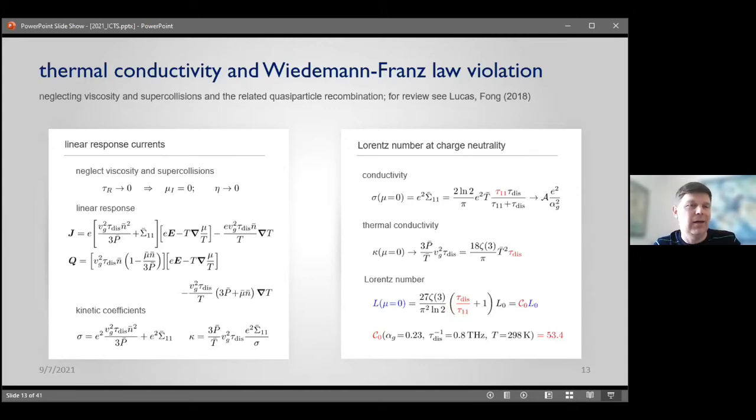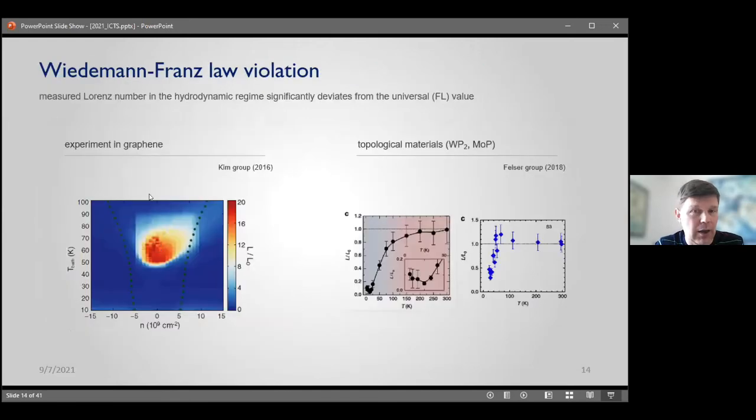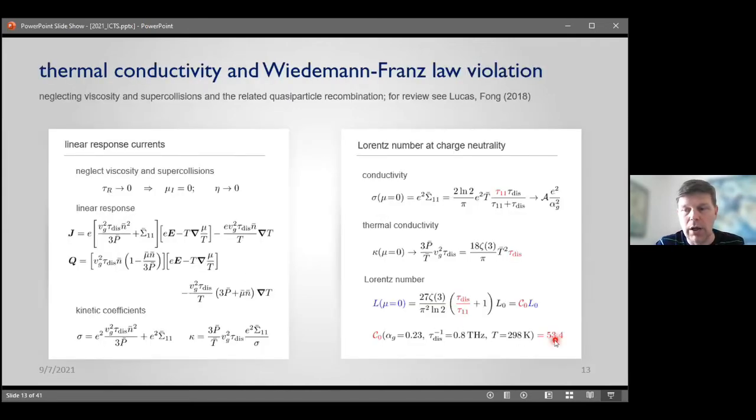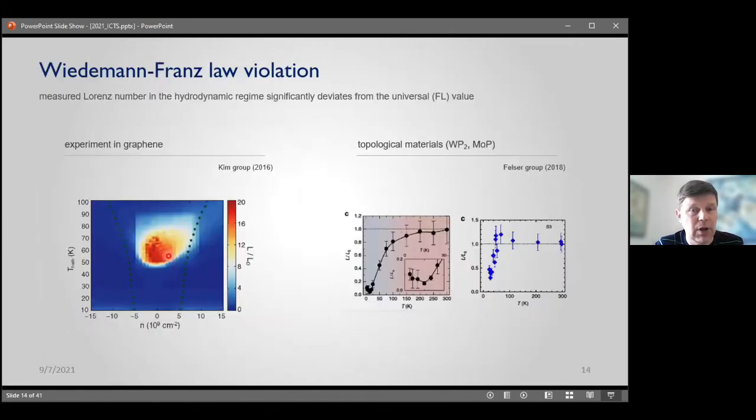By the assumption of the hydrodynamic regime, this ratio is very, very large, and therefore this Lorentz number exceeds the standard universal value that I talked about before by a large number. If I put in some values of parameters, I get the number 50. In experiment, it's more like 20, but it's still a very big number.